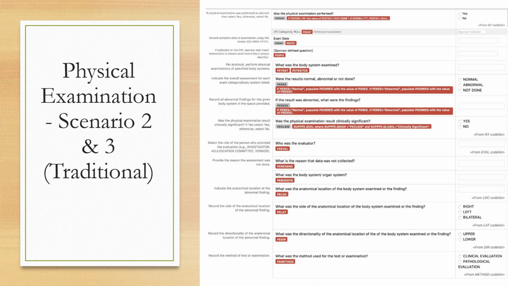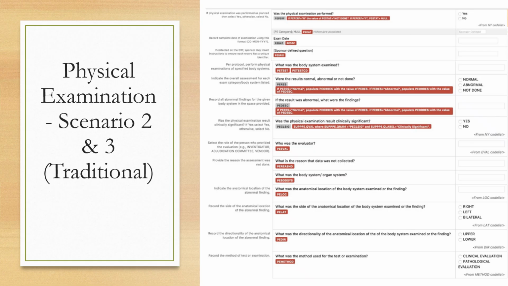So while we are discussing scenarios 2 and 3, we should keep in mind the difference between scenarios 2 and 3 along with scenario 1. Talking about scenarios 2 and 3 here, if the response to the first question, was the physical examination performed, is yes, then we will have the exam date.